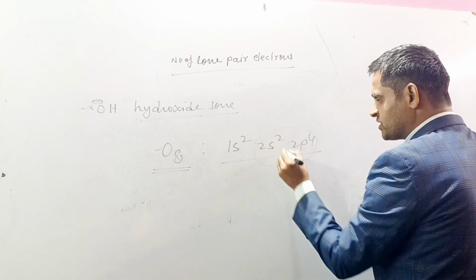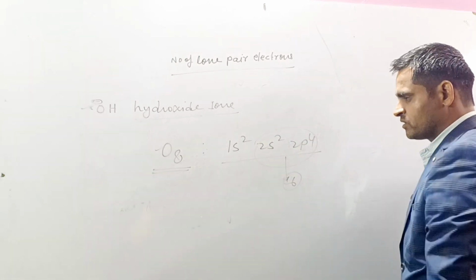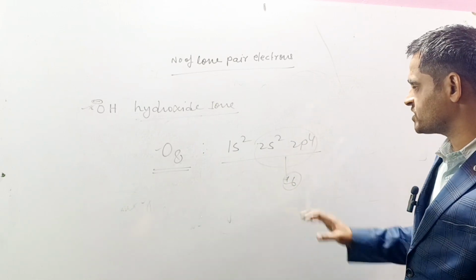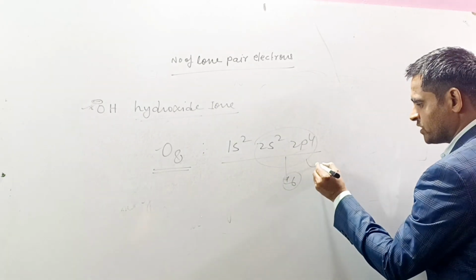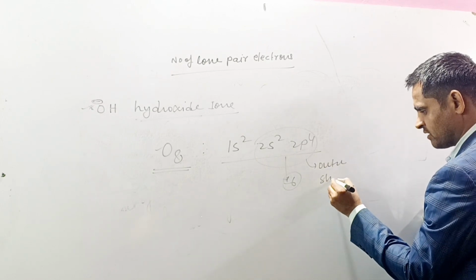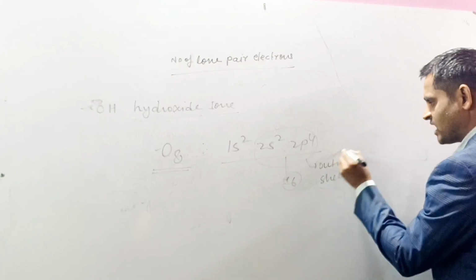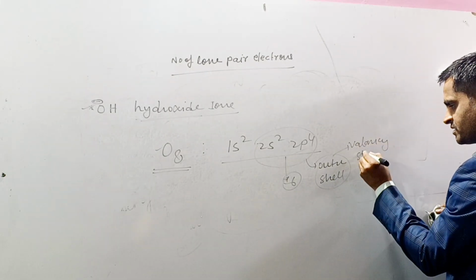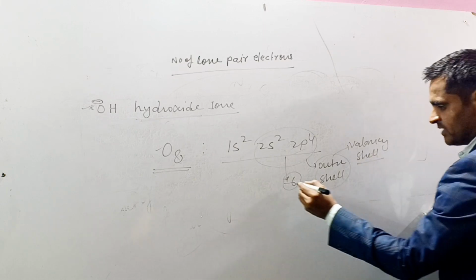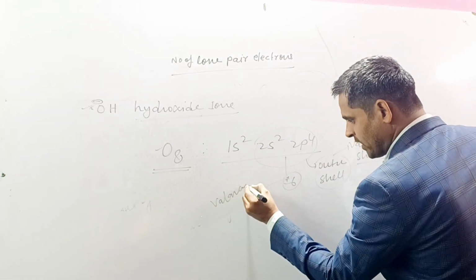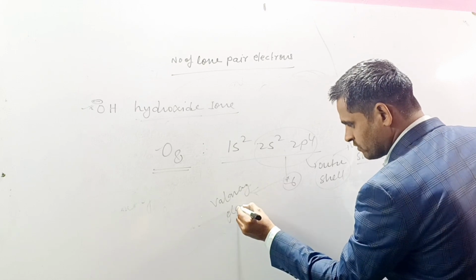And now the outer shell contains 6 electrons. Oxygen contains 6 electrons in the outer shell, and this is known as the outer shell, also known as the valence shell. And these electrons are valence electrons.